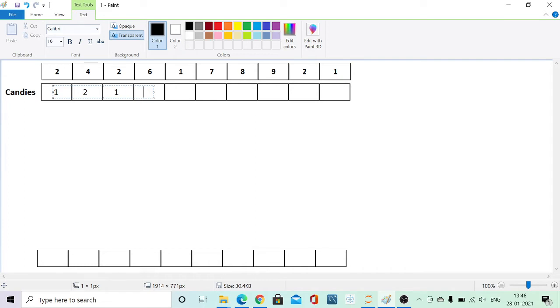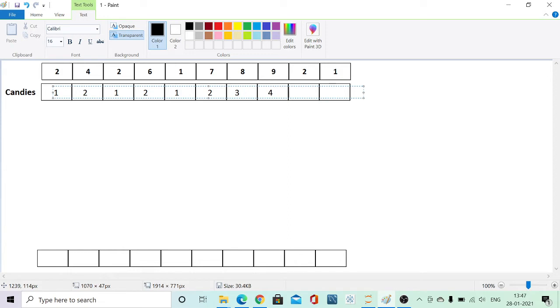Now the next student has a higher rating, so he will be given one more than the previous student, that is 2. This has a lower rating, so 1 candy. Now this has a higher rating, so 2. This has an even higher rating, so 3. And this student will get 4 because 9 is greater than 8.